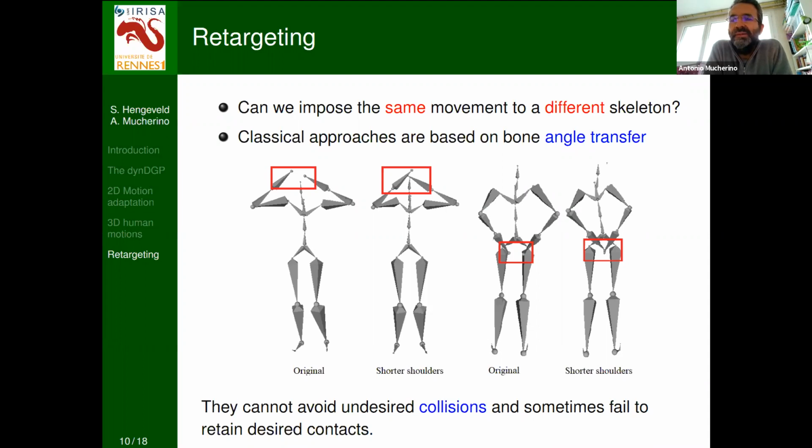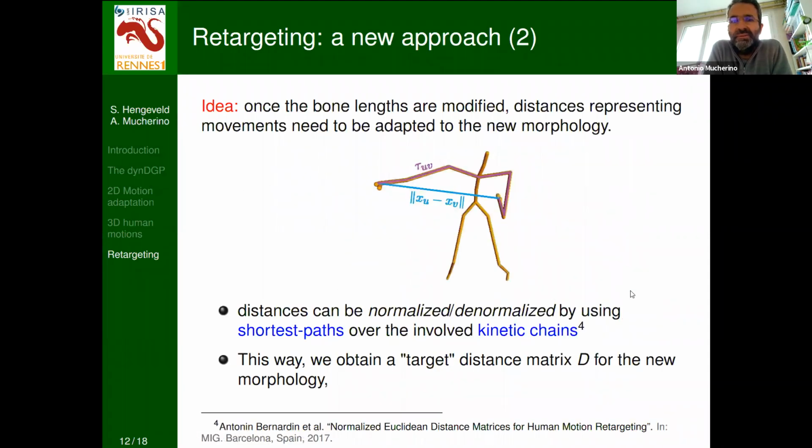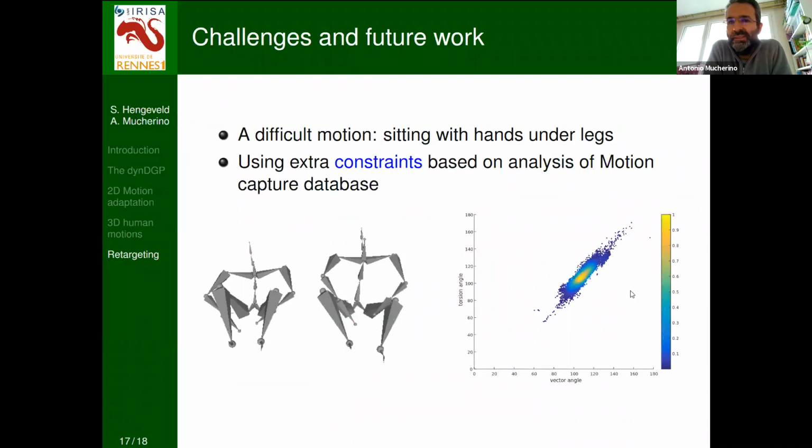One of the things we are planning to do, which he mentioned in the future work, is to include constraints in our optimization problem in order to prevent the skeleton from having unnatural postures, because some of the solutions we could get just by looking at the distances represent postures for the character that are not natural.